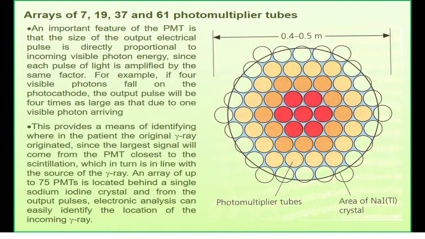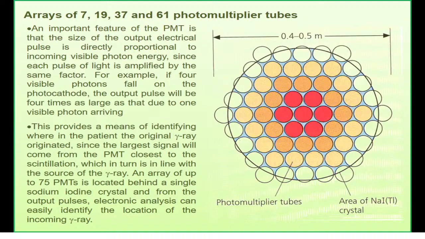This provides a means of identifying where in the patient the original gamma ray originated, since the largest signal will come from the PMT closest to the scintillator, which in turn is in line with the source of the gamma ray.